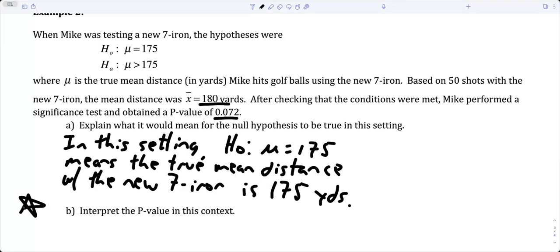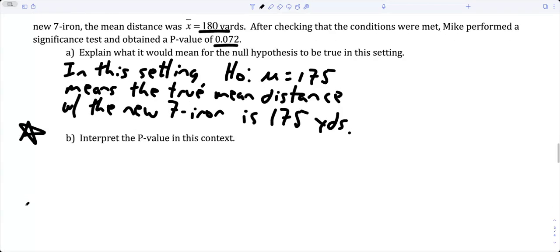And then this next part is important. Interpret the p-value in this context. And when we interpret the p-value, we are always assuming that the null hypothesis is true.